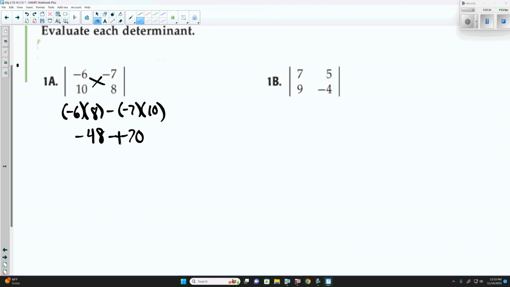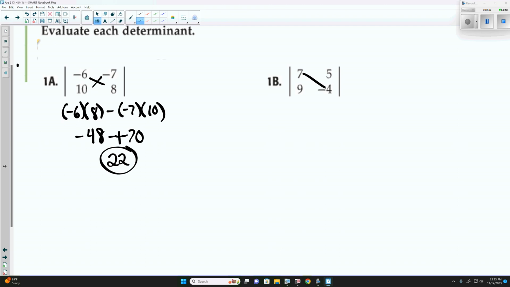Negative and negative would make a plus. Negative 48 plus 70 is 22. Any questions on these here?